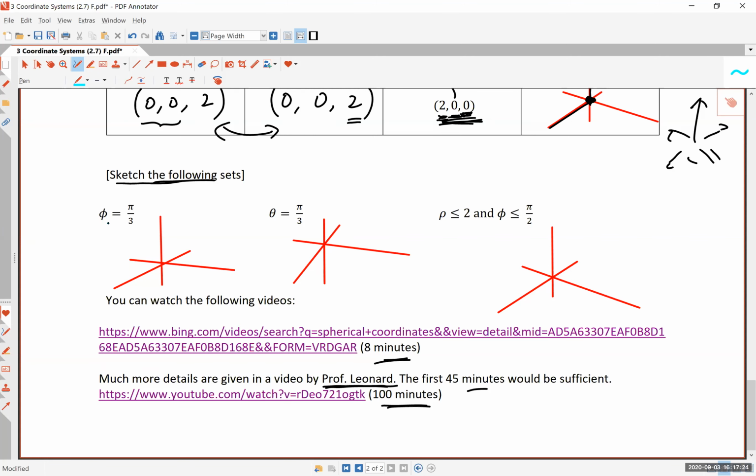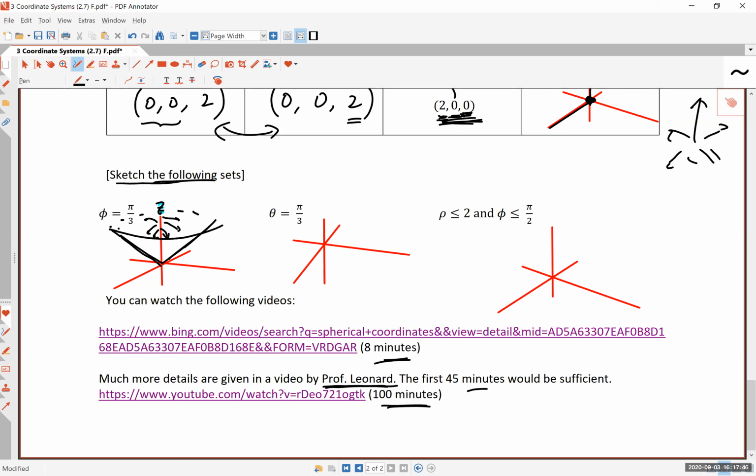All right, so think of all the points where phi is pi over 3. Remember, phi is the angle measured from the positive z-axis. So you go in all directions, go pi over 3, which is 60 degrees. What do you get? You get something that opens up 60 degrees from the positive z-axis in all directions.